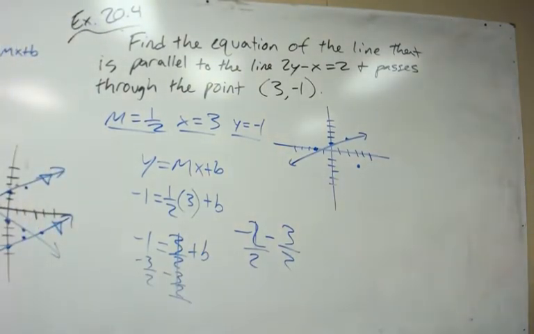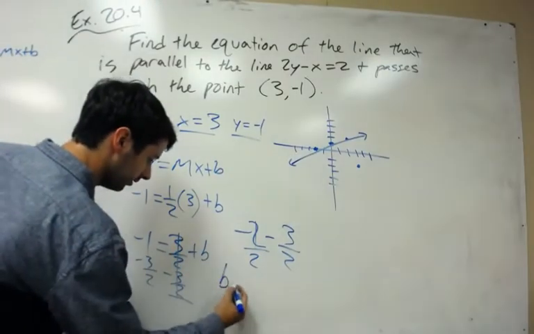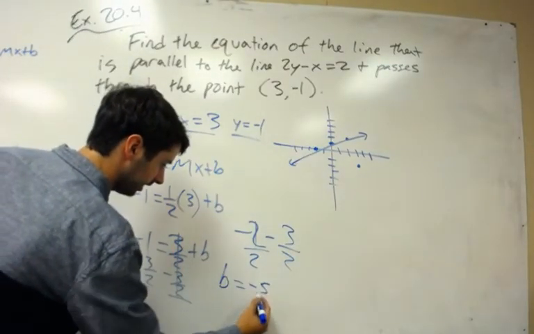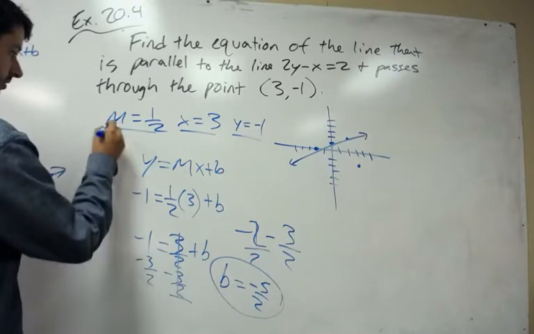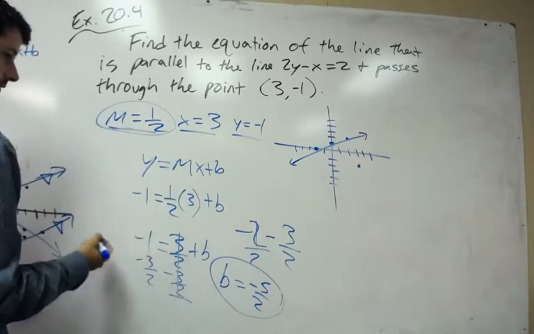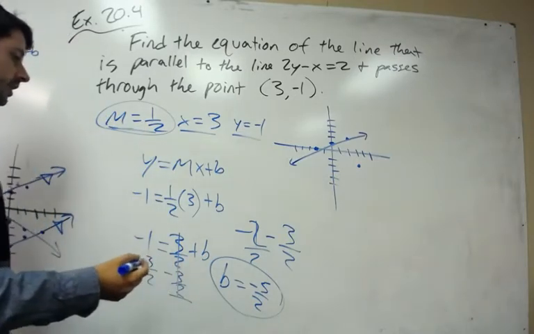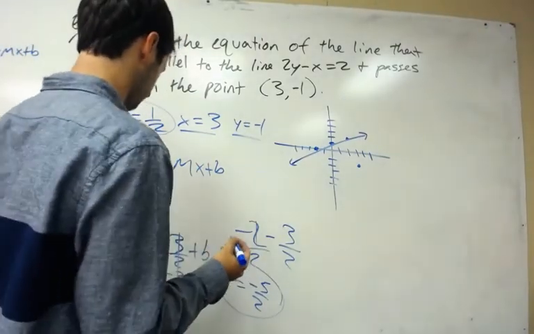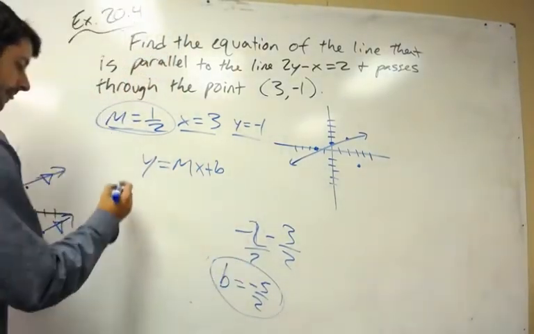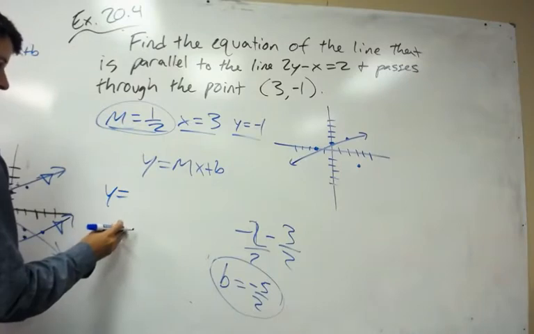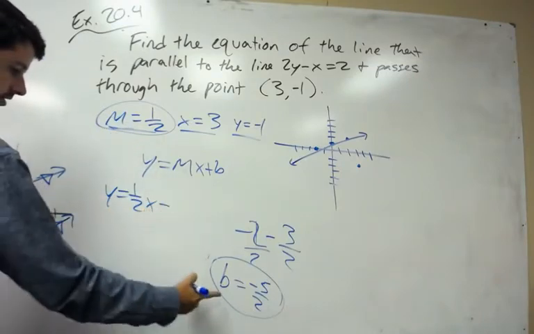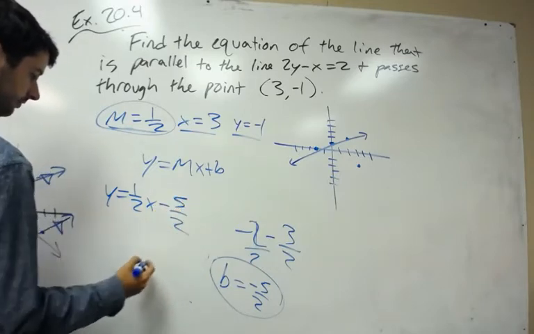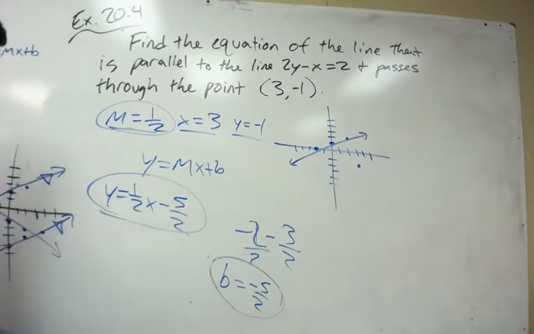So our b, or y-intercept, is negative 5 over 2. So now we have our y-intercept. We have our slope, so we can insert in our line. Our line would be y equals 1/2 x minus 5 over 2. That's our equation of a line.